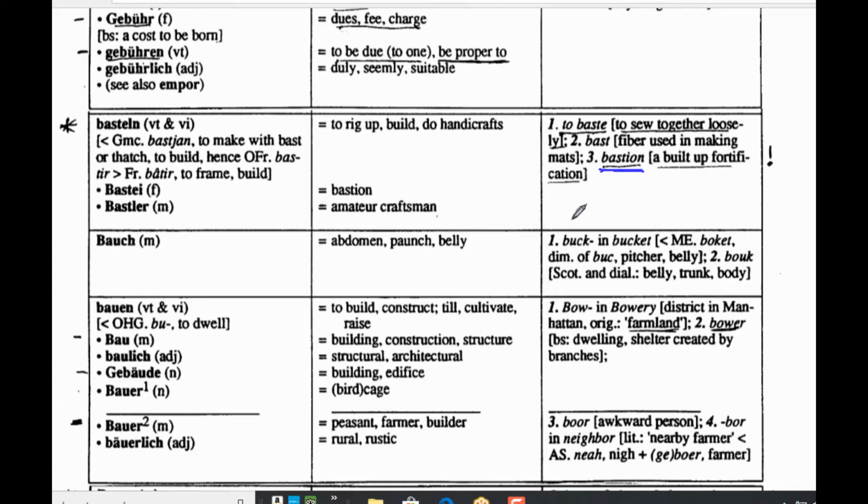But a bastion fortification is a fairly common word, I believe. Yeah, so it's related. This word comes from basteln. So any word that's here that is in English and has its connection here, means that the German is the origin of that word, as opposed to coming from the Latin via the Romance languages into English.